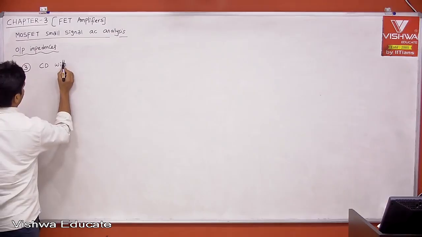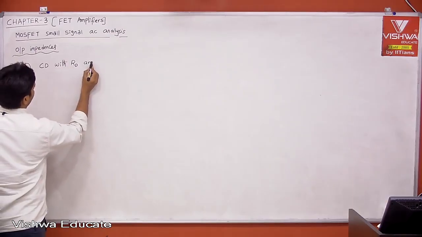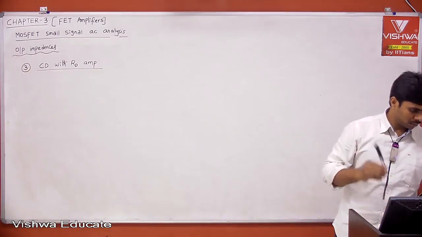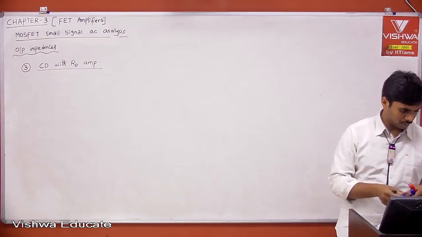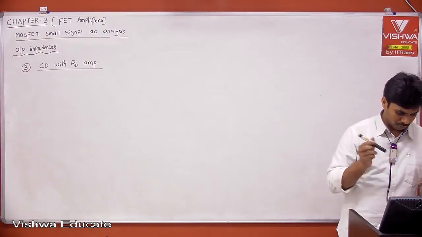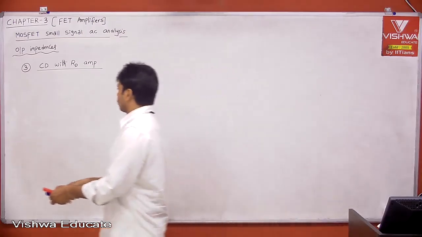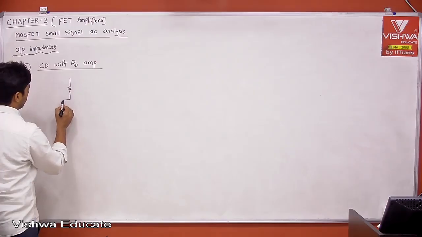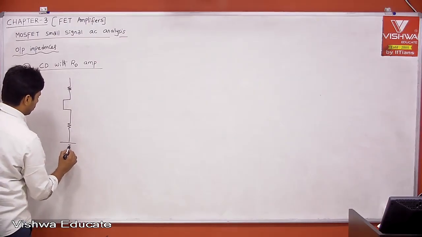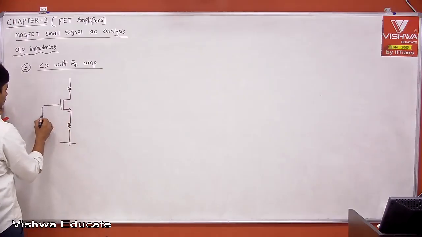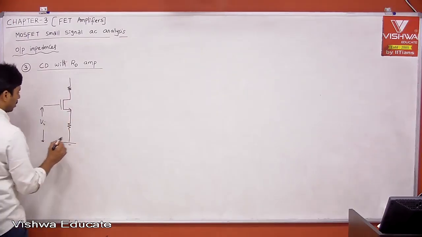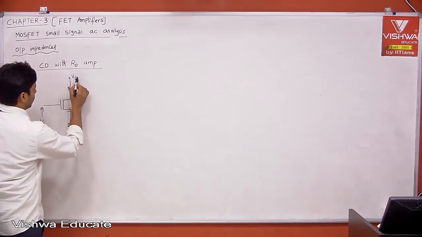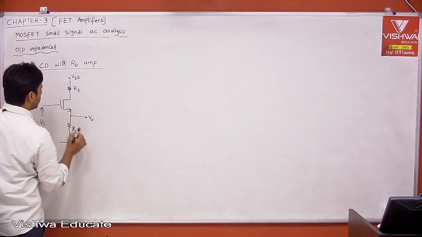CD with RD amplifier. The circuit is: this is RS, RD, VDD, this is your V0, right?